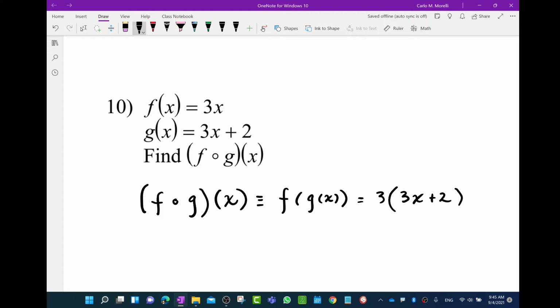So the composition of function f and g of x equals 3 open parentheses 3x plus 2, and then we do the distributive property.